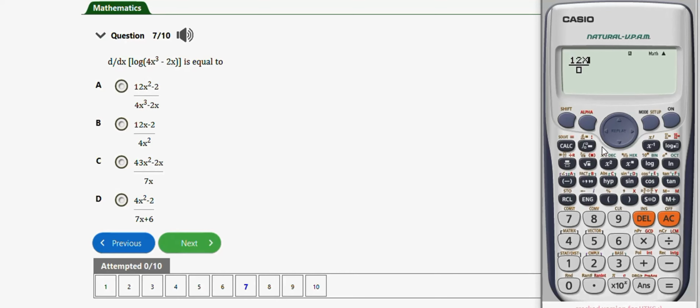Remember we got 0.713. Okay, so we have square minus 2 over 4x cube, okay, minus 2x. So that's it. Press equal to see the output.